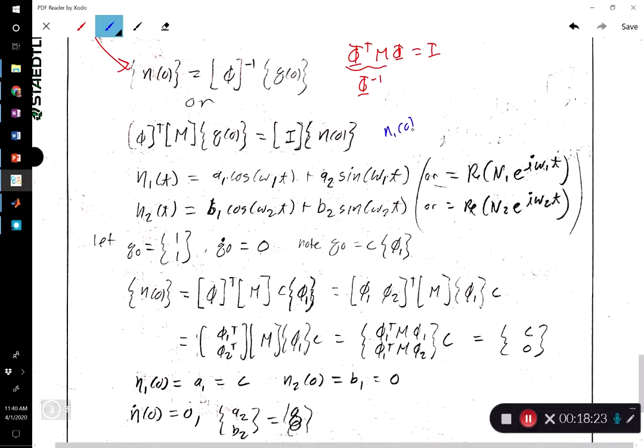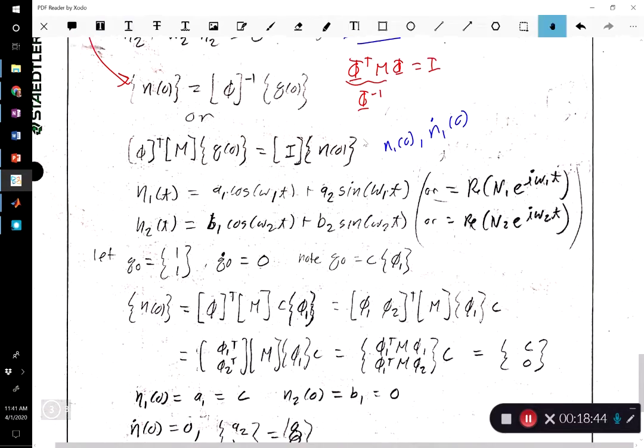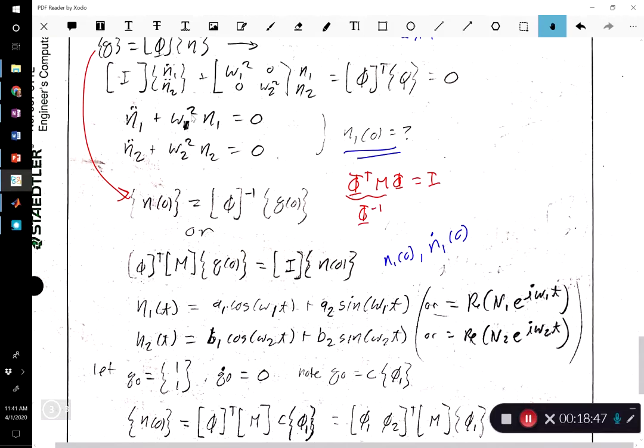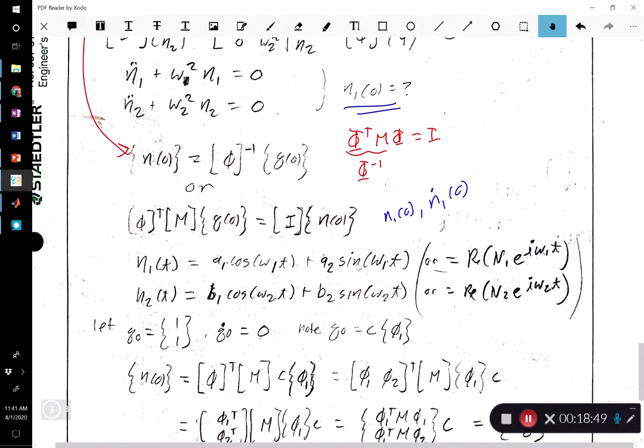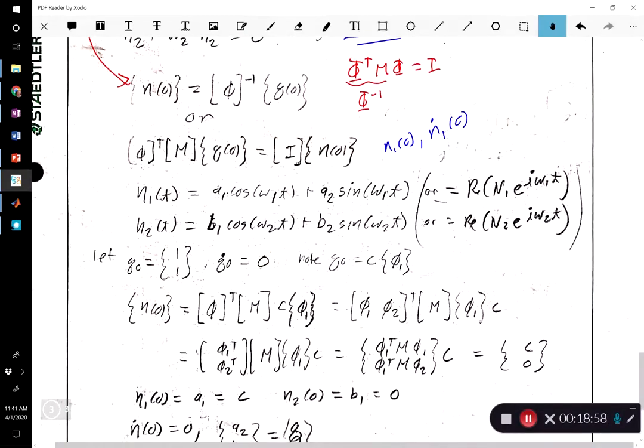We know eta 1 of 0, we know eta 1 dot of 0, and so now we know that eta 1 of t has to be some constant times a cosine and some constant times a sine. Notice that the equation for eta 1 right here involves the first natural frequency squared, so that's the frequency of oscillation in this free response. And so we just have to find A1 and A2 to satisfy the initial conditions. Similarly for mode 2, and notice that it's oscillating at its own natural frequency.